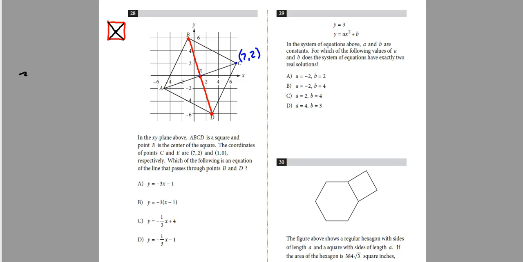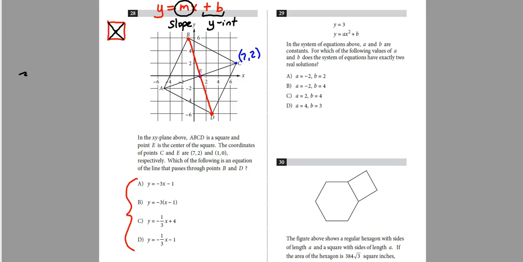When I look down at the bottom, all of these answers are in slope-intercept form. Remember, slope-intercept form is y = mx + b, and you need to know the key features: m represents the slope, and b represents where you cross the y-axis. Now this line is dropping pretty fast.